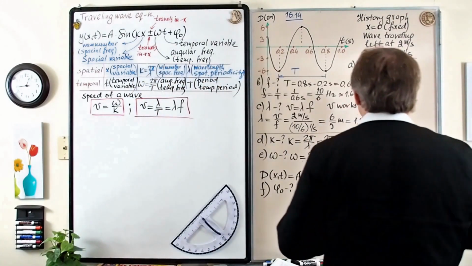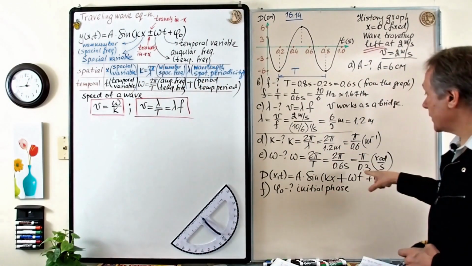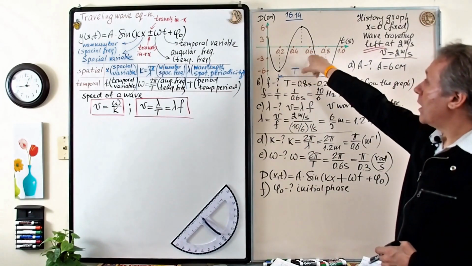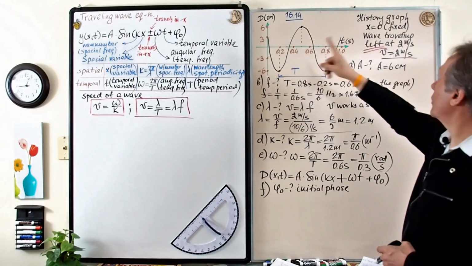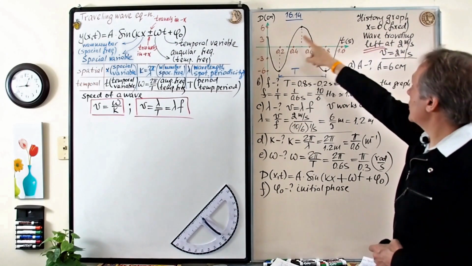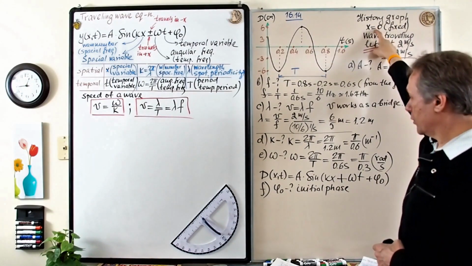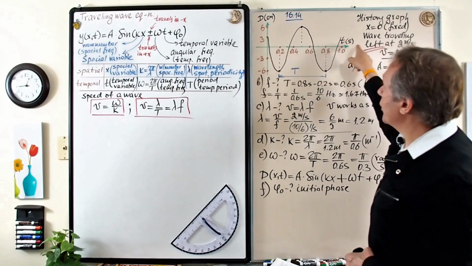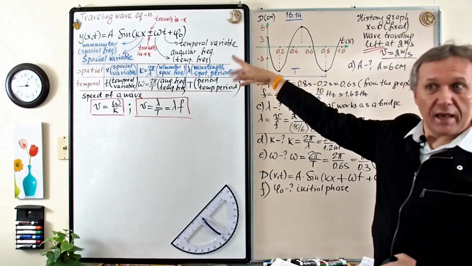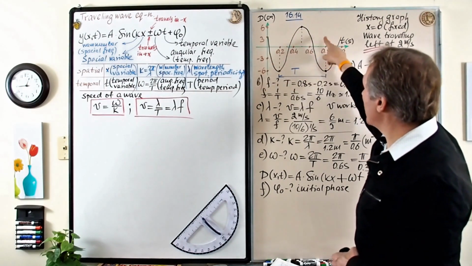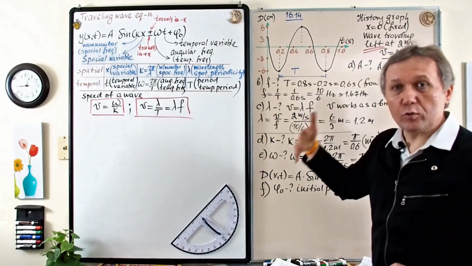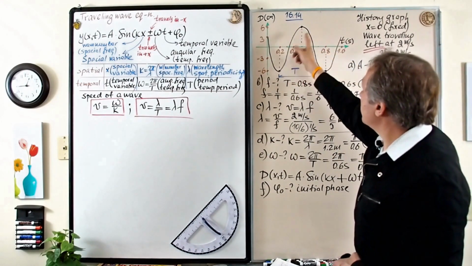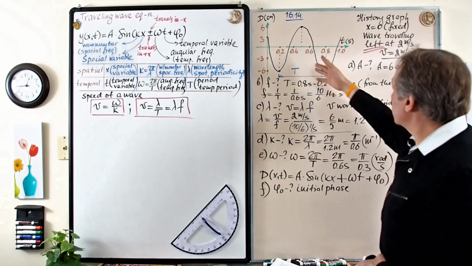So what do we know? In order to find initial phase, you need to take any of the points which we have. So what we have? We have information about the wave at x equals 0. So we can take, for example, x equals 0, and we can take any point on this graph. Any. You can take this point, this moment of time, or this moment of time, but I don't want to deal with any other.